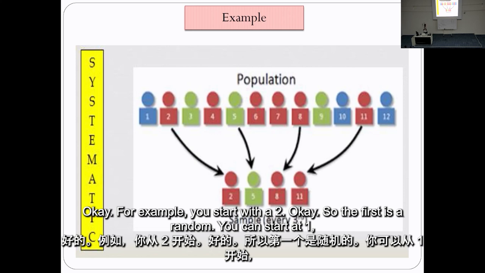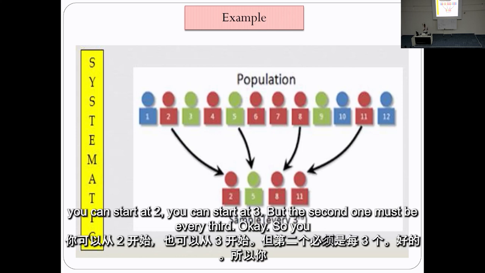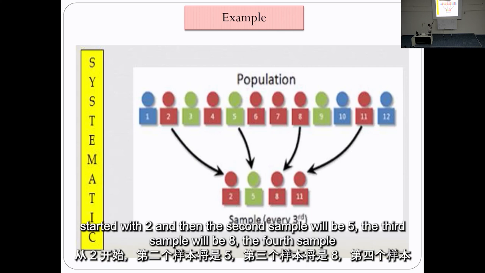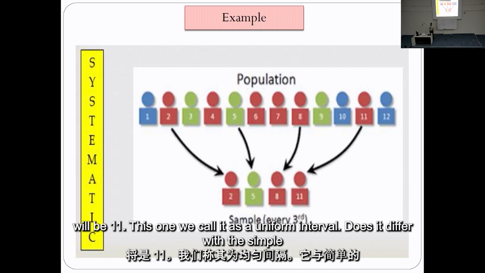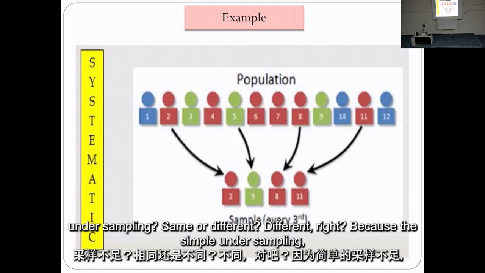The first start is random; you can start at 1, 2, or 3. But the next ones must be every third. So you start with 2, then the second sample will be 5, the third sample will be 8, the fourth sample will be 11. This one we call a uniform interval. Does it differ from simple random sampling?